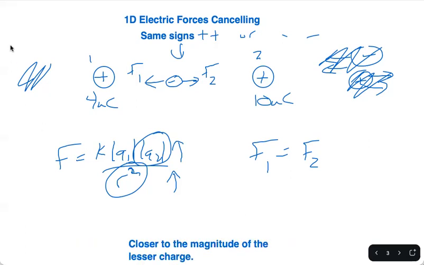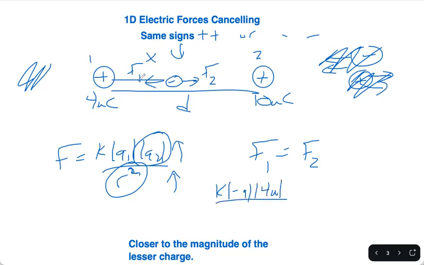Okay. So if you're actually asked to solve this, a lot of times they're just asking what region it's going to be in. So it's going to be somewhere closer to, of course, this one. Let's say I call this a distance x, and the distance between them is d. Then for force 1 in this setup, it would be k, that unknown charge q times 4 micro over x squared, has got to equal k q times 10 microcoulombs over this distance, which would be (d minus x) squared.